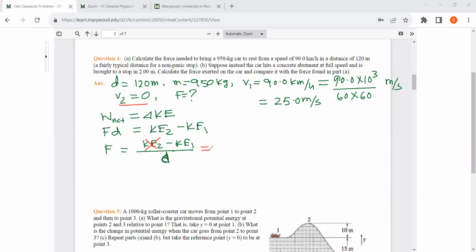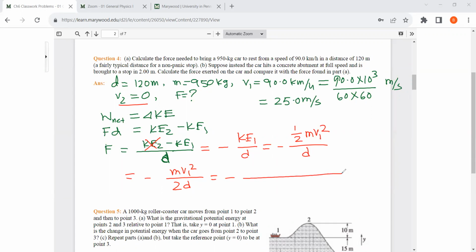So our equation is now very simple: minus kinetic energy 1 over D, and you know that the kinetic energy of a particle is one half m v1 squared. So it is minus one over 2D times m v1 squared. Now plug in the given values here, and it will give you the number.